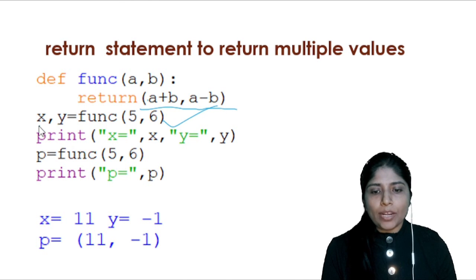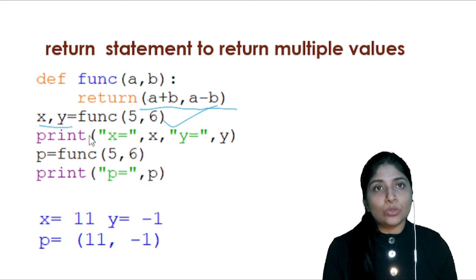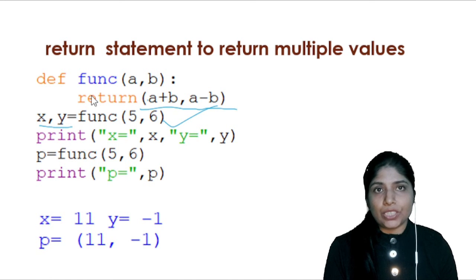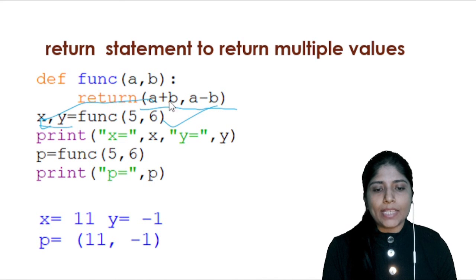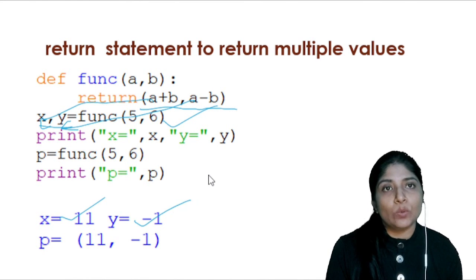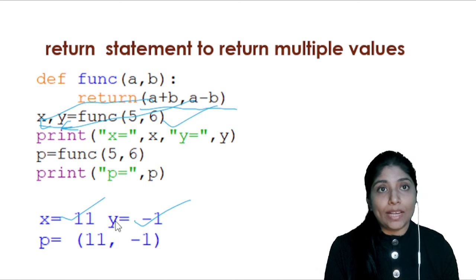Here I am calling this function with two different arguments, since this function is returning two values. x, y equals function(5, 6). So the first value will go into x and the second value will go into y. That's why I have received output like x equal to 11 and y equal to minus 1.